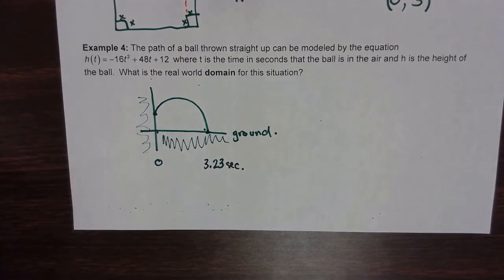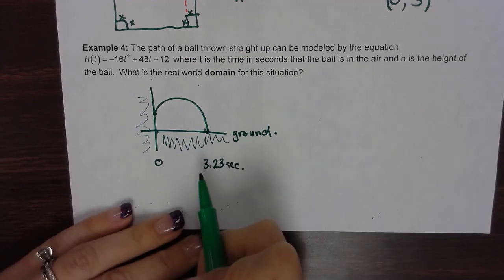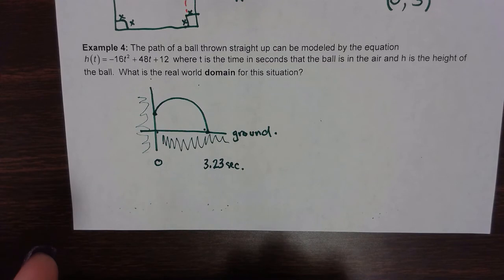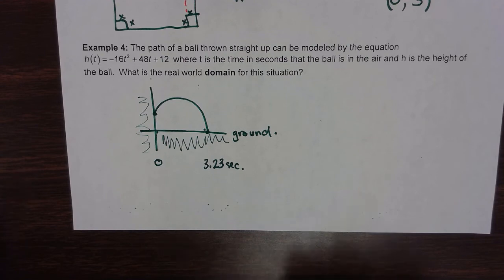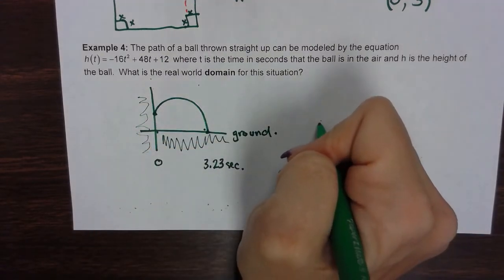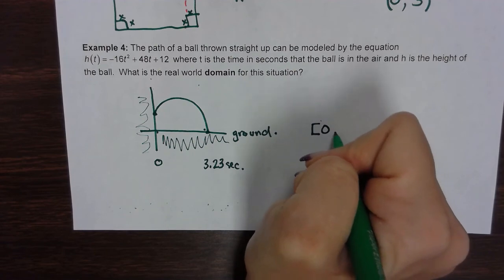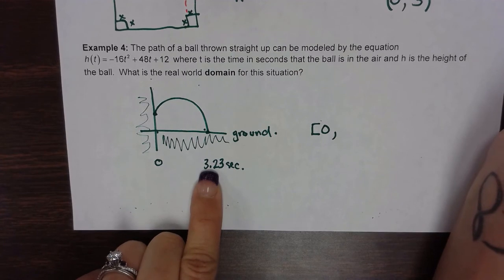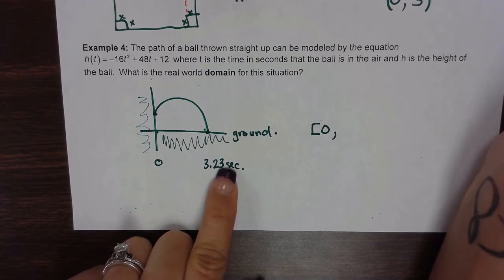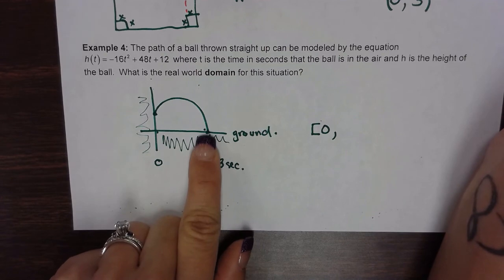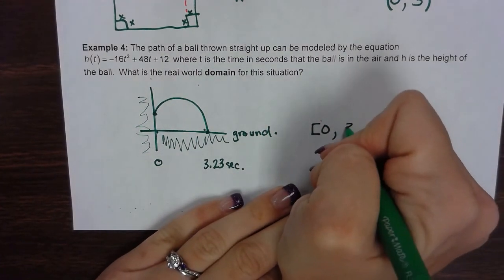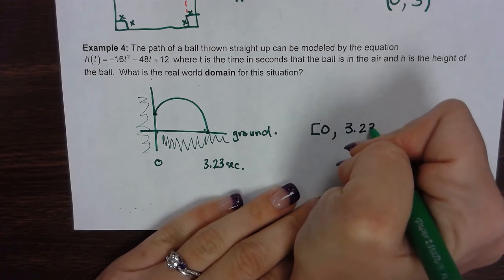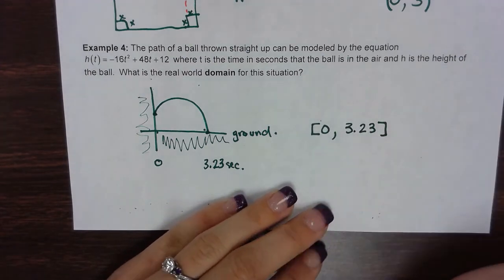So let's talk about parentheses and brackets. Parentheses means it never gets there. Well, guys, can time equal 0? Yeah, it's your initial time. So we can do a bracket around 0. Well, can our time be 3.23 seconds? Yeah. And can it reach the ground? Yeah. So we're going to put a bracket around 3.23.